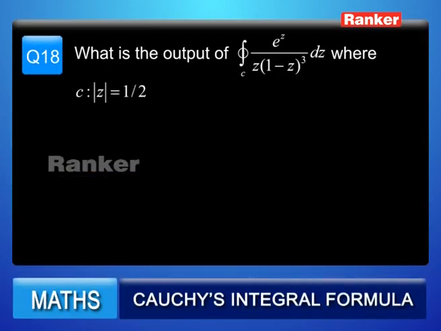Question number 18. What is the output of the contour integral e power z dz by z into 1 minus z whole cube, where c is mod z is equal to half?